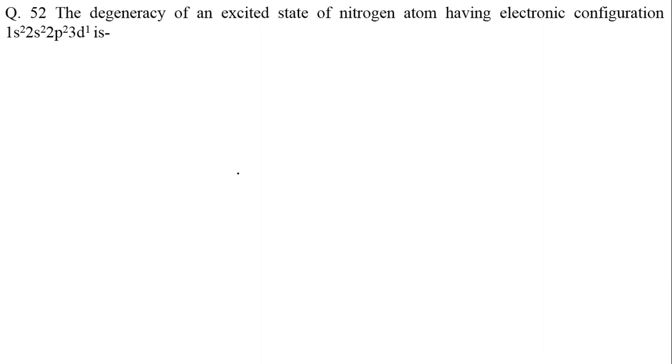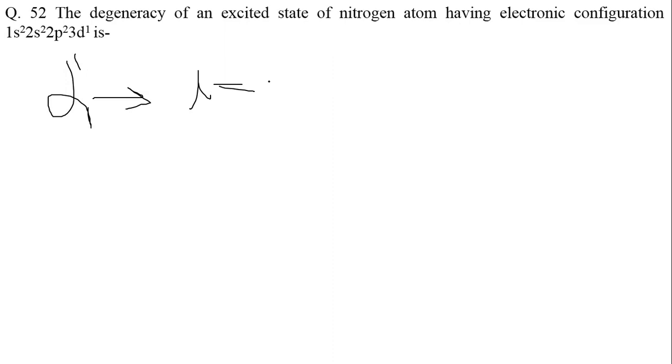Similarly, another question. The degeneracy of an excited state of nitrogen atom having electronic configuration 1s2, 2s2, 2p2, and 3d1. So here the 3d1 shell we will consider. So for 3d1, that is d1, what is the value of L?